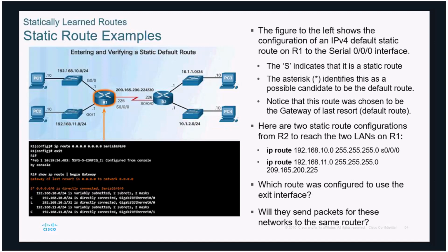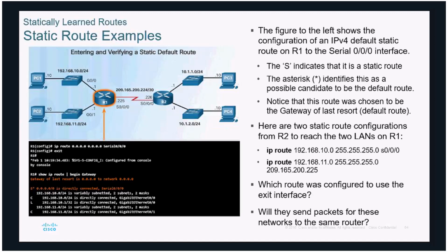Question: which route was configured to use the exit interface? You see that? Which is using the exit interface? The first or second one? One of them is saying go out of here. Let me find it. ip route 10.0, this is from R2 here to reach R1 LANs.